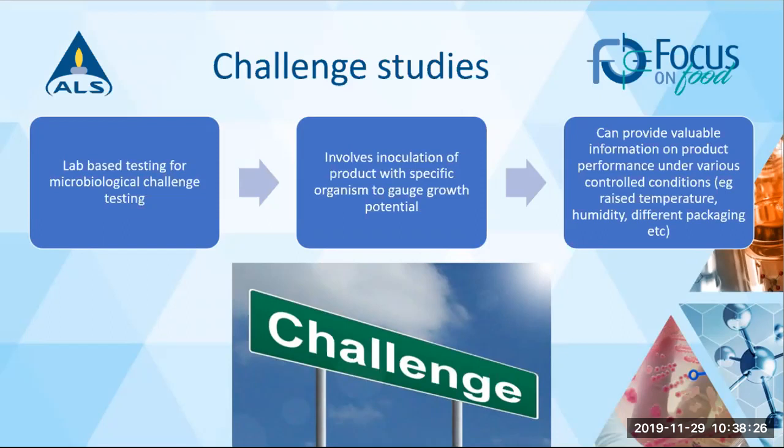So challenge studies can provide that information with a range of different temperature profiles, packaging types, storage conditions, pH, water activity, intrinsic factors, etc. Challenge studies can be expensive, but obviously not as expensive or damaging as a high-profile product recall due to the presence of Listeria monocytogenes.